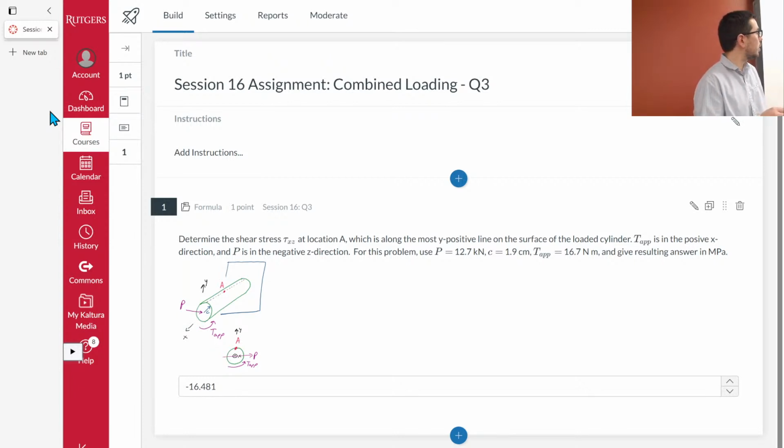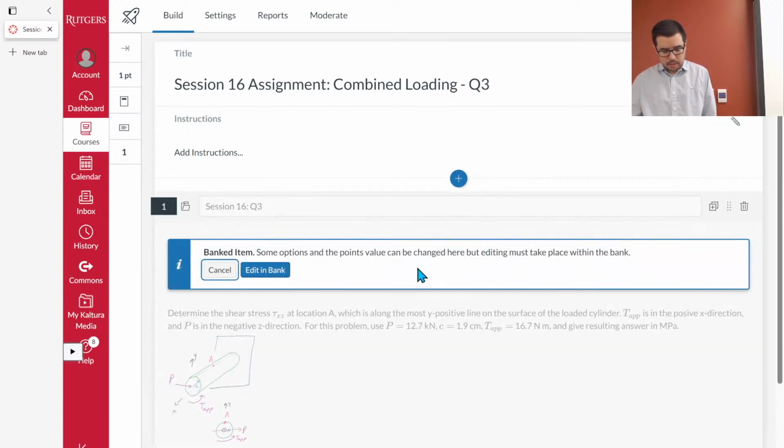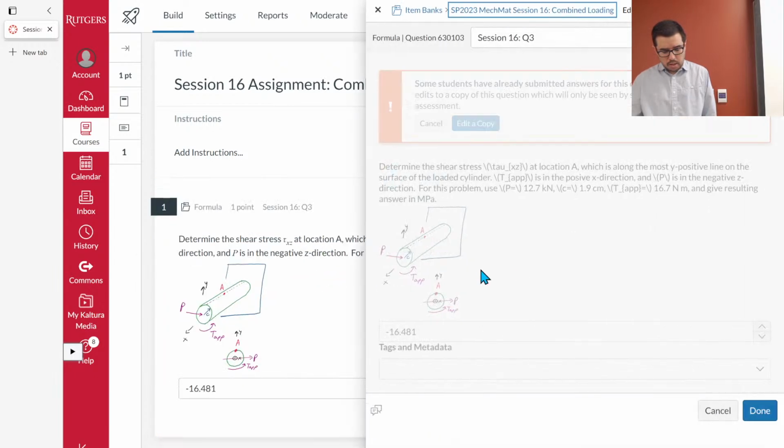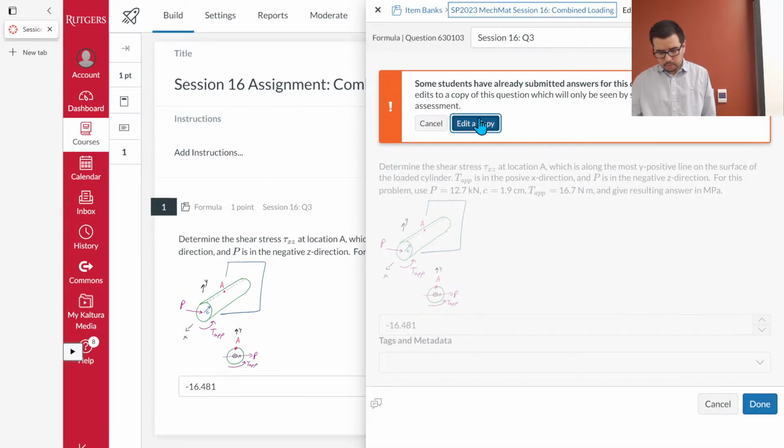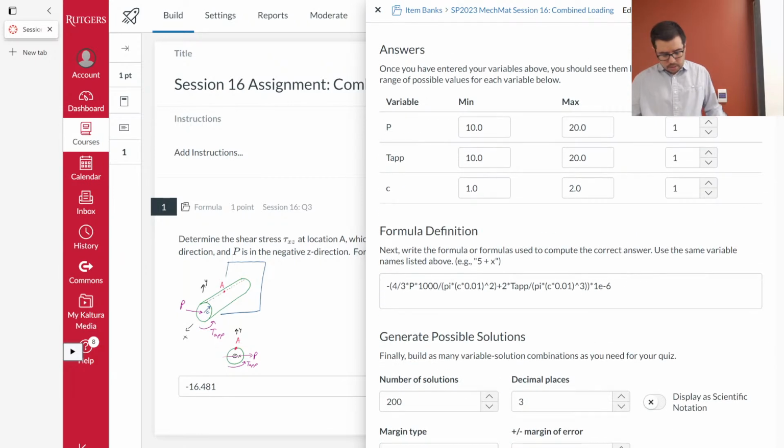Okay, good. Yeah, so something weird happened in Canvas. I can't quite explain it. Well, you just taught me something. Oh, I never fixed it.